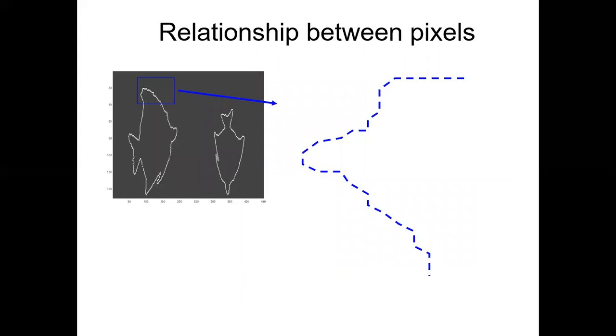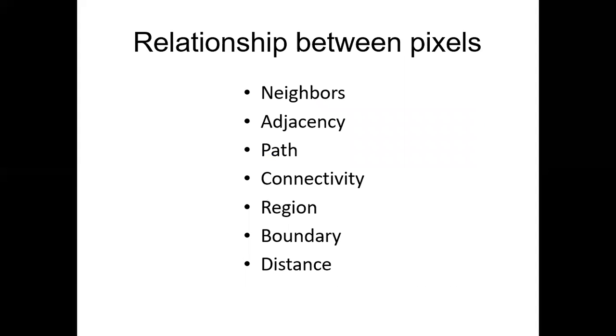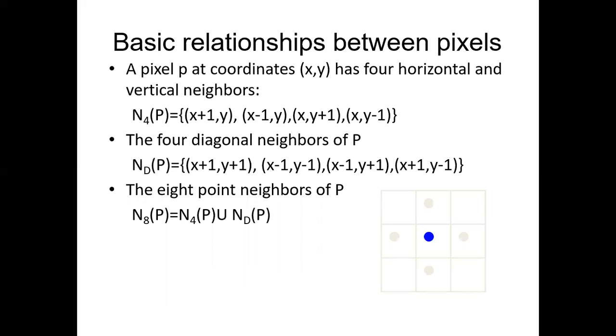This is the relationship between pixels. The relationships between pixels are called neighbors, adjacency, path, connectivity, region, boundary and distance.